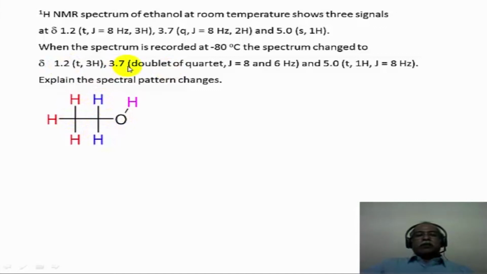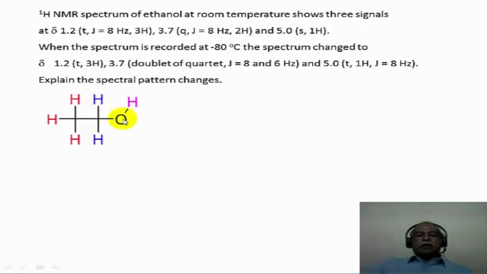See what happens to the 3.7 signal. That becomes a doublet of a quartet. Why is it a doublet of a quartet? It is a doublet because of the magenta hydrogen with a coupling constant value of about 8 Hertz, and it is a quartet because of the three hydrogens that are coupled. The coupling constants are different.